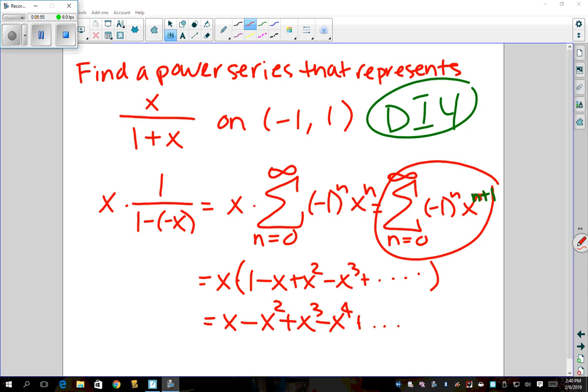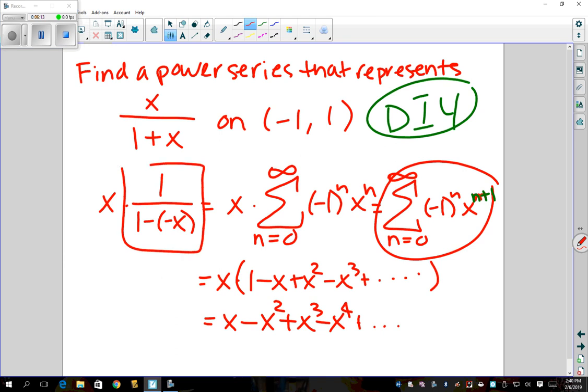So you should get that the series x over 1 plus x can be represented by the sum from n equals 0 to infinity of -1 to the nth power times x to the n plus 1. So basically, we can split this up.